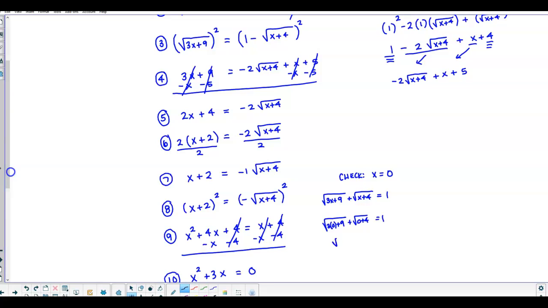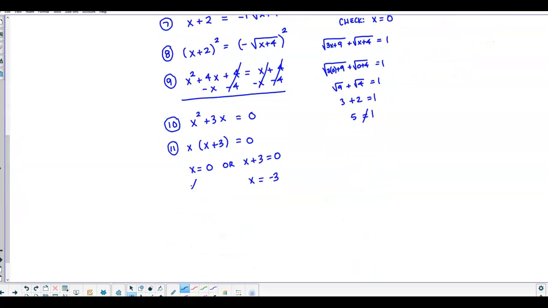Well, we end up getting the square root of 9 plus the square root of 4 to see if that equals 1. Well, this gives us 3 plus 2, and 5 does not equal 1. So far, we could say that x equals 0 is an extraneous solution.